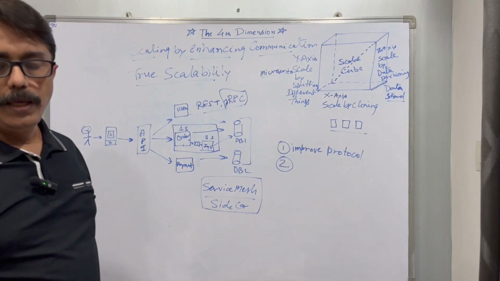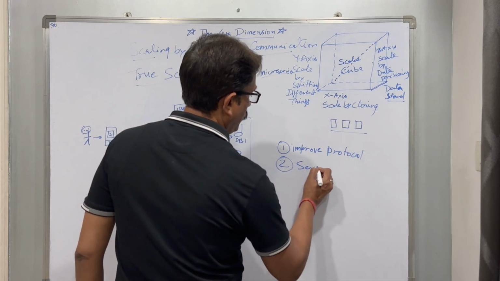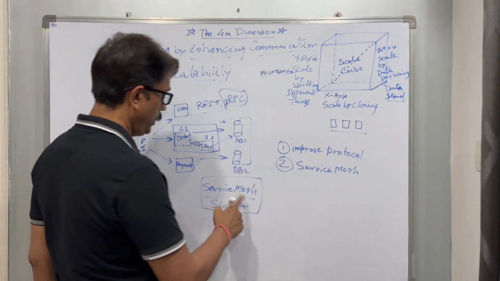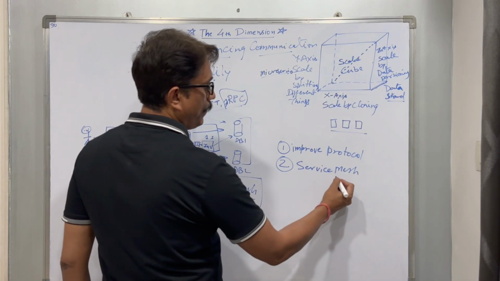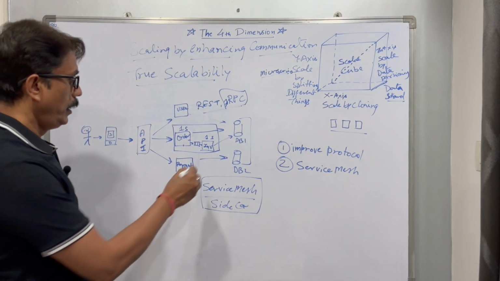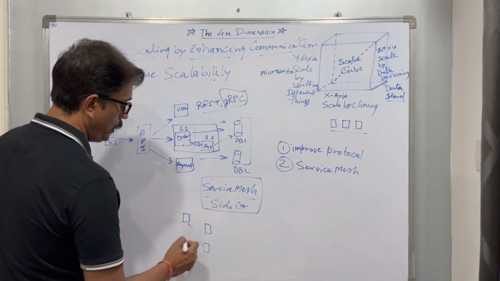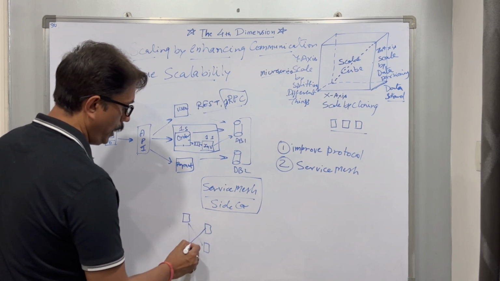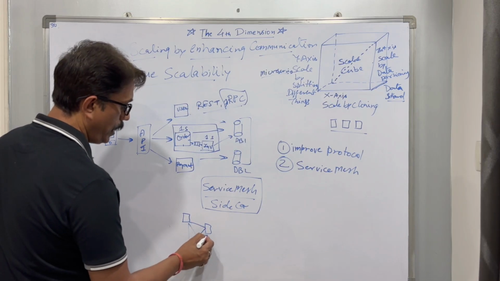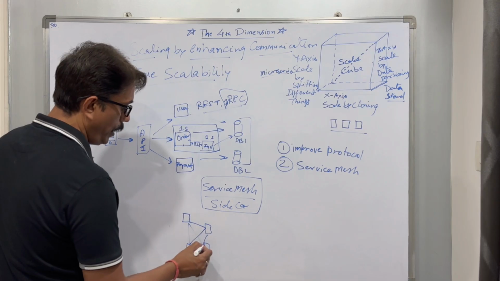Second, we can have a service mesh like this, to have better scalability where you have a complex environment, with multiple services communicating with each other, and that communication may be very complex.